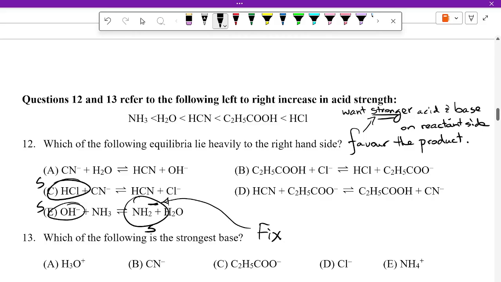So that's no good. So it's not this one anymore because it's got strong pushing back as well. And so it's going to be C because this is weak, weak, and water is ultra weak, uber weak.